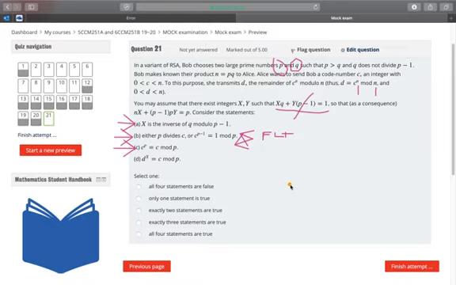Now what about d to the power x? Well, d to the x is c to the nx.